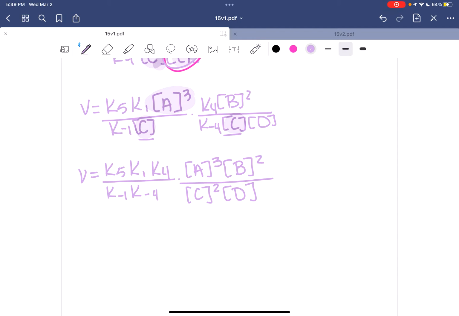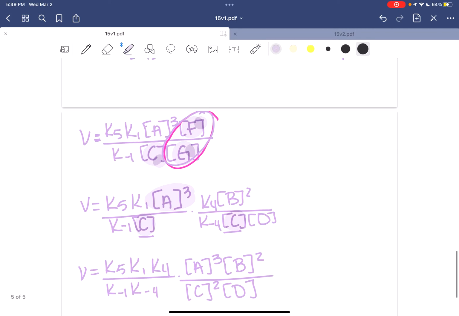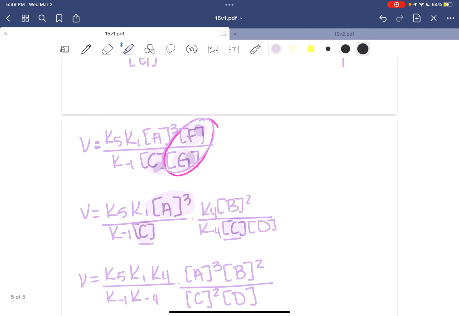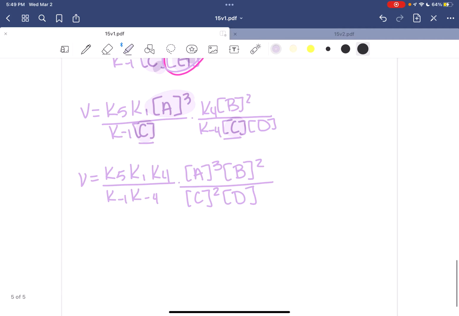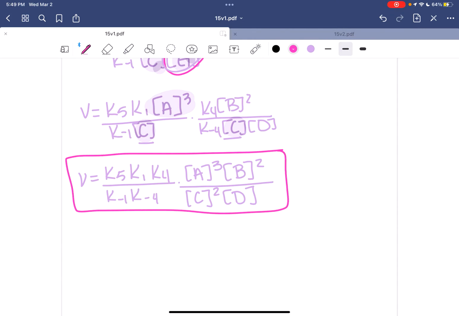Okay, so just like we were able to isolate both F and G at the same time and substitute them into our rate law, which we now have an updated version here, we're going to do the exact same thing because what hopefully you'll notice is that we have our reagents up top here, but on the bottom of our equation we have two of our products.